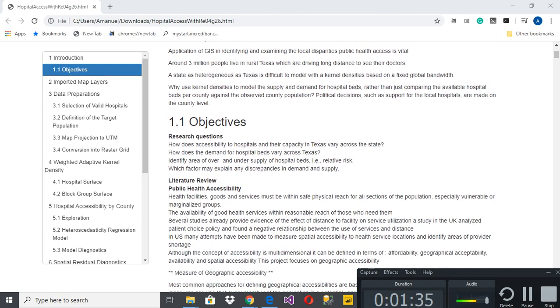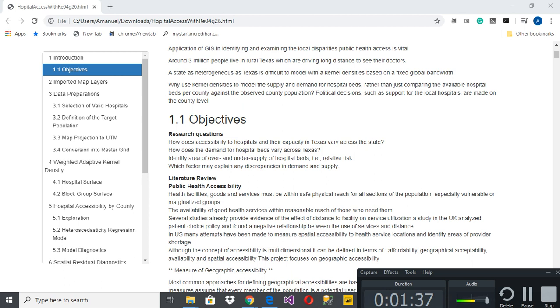So my research questions are: how does accessibility to hospitals and their capacity in Texas vary across the state, and how does the demand for hospital beds vary across Texas, and to identify areas of over and under supply of hospital beds or relative risk, and which factors may explain any discrepancies in demand and supply.